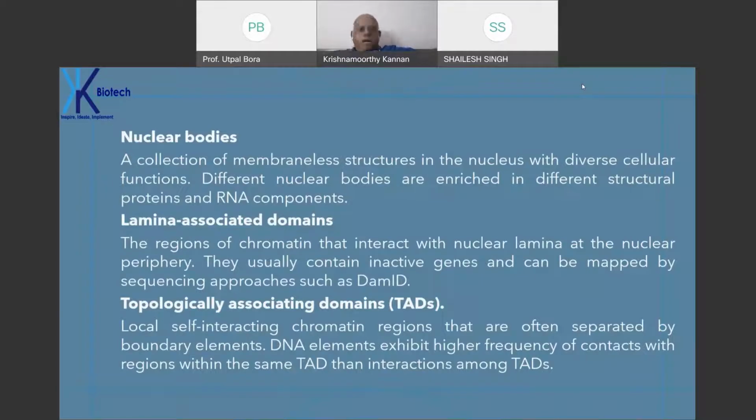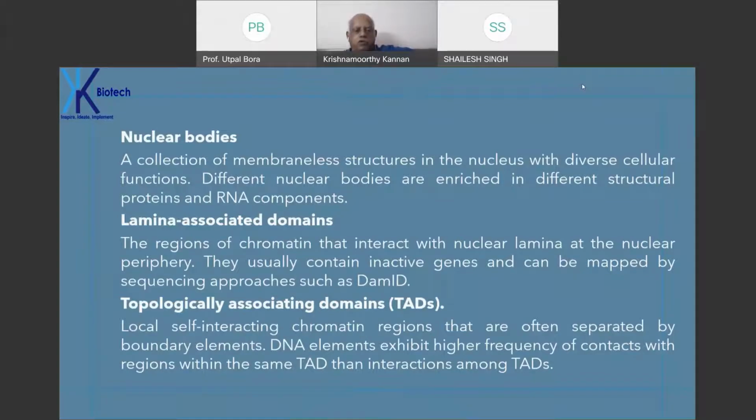And lamina-associated domains are the regions of chromatin that interact with the nuclear lamina at the nuclear periphery. They usually contain inactive genes and can be mapped by the sequencing approach that I told you about, DNA methyltransferase, DamID. So these are all terms you should be familiar with if you want to understand, because these terms will come repeatedly, so you should be aware.